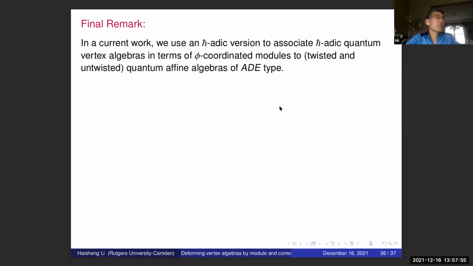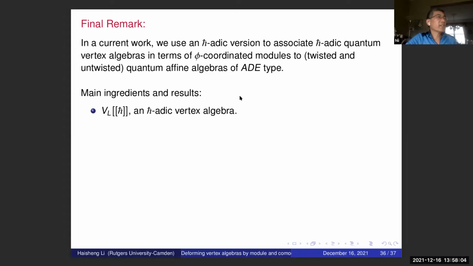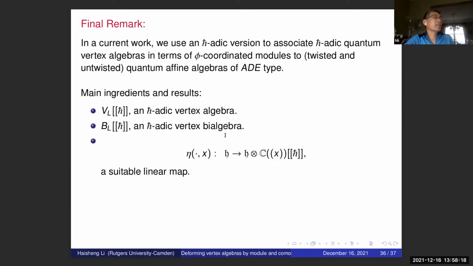The key thing is we want to associate a quantum vertex algebra to quantum affine algebra of ADE type, related to the lattice. The main ingredient is the formal deformation, not deformation, just expansion basically: an H-additive vertex algebra for VL, and for BL, an H-additive vertex bialgebra.